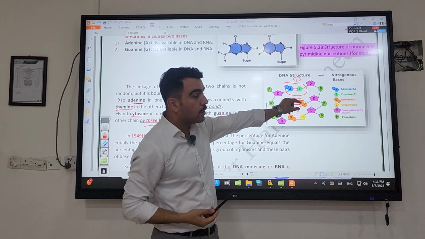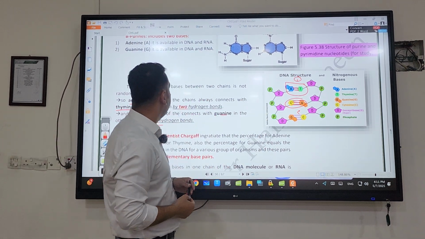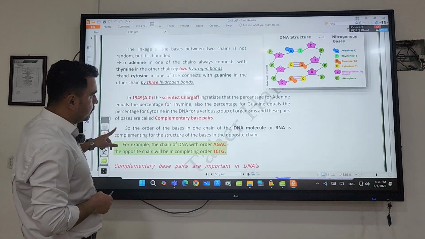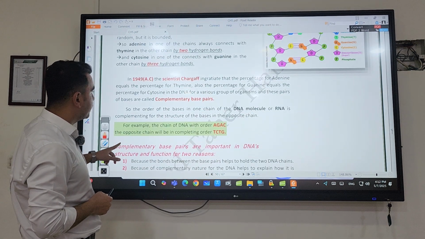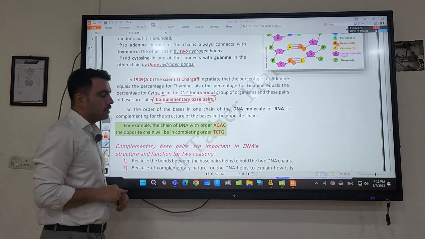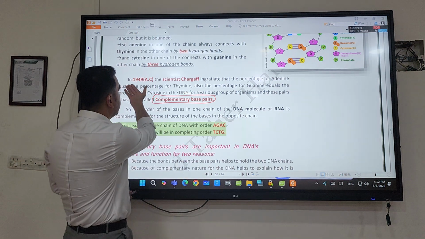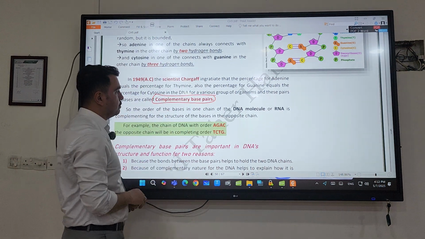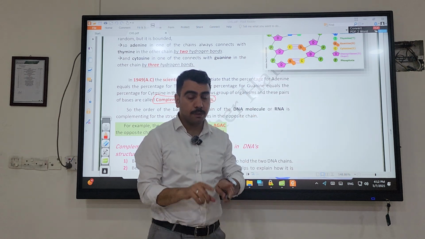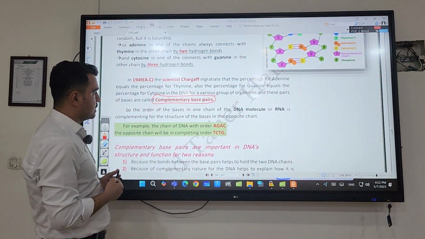Always, cytosine and guanine make 3 bonds, and adenine and thymine make 2 bonds, a double bond, we say. That's why we call them complementary base pairs. This name is also important, and can be asked in fill in the blanks maybe. They are going to ask you these examples, cytosine and guanine, as an example. We call them complementary base pairs.